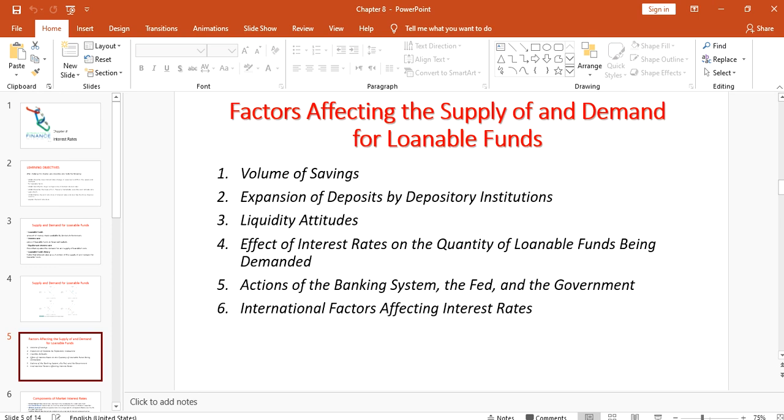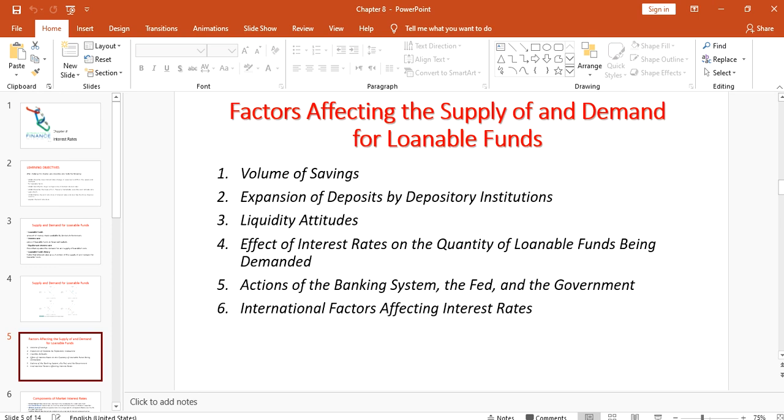According to the policy of the commercial banks in that period, for example, how is their credit policy? How much are they facilitating lending money? That policy of commercial banks affects the supply and demand for loanable funds as well.